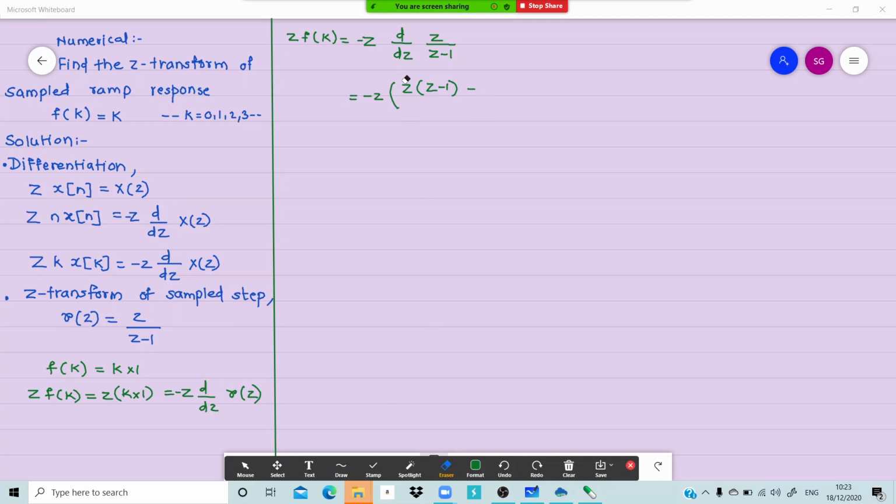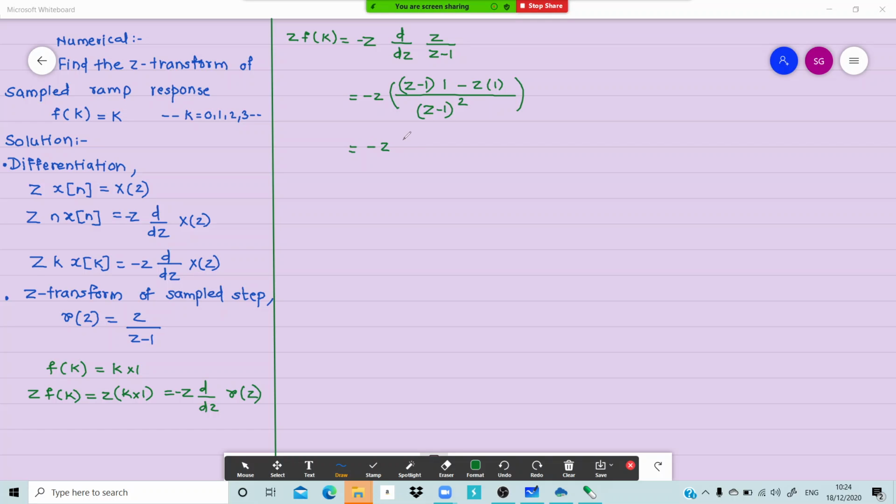Wait. It should be z minus 1 times the derivative of z, which is 1, minus z as it is times the derivative of z minus 1, which is 1, divided by z minus 1 bracket square. Is it okay? So what can I write now?